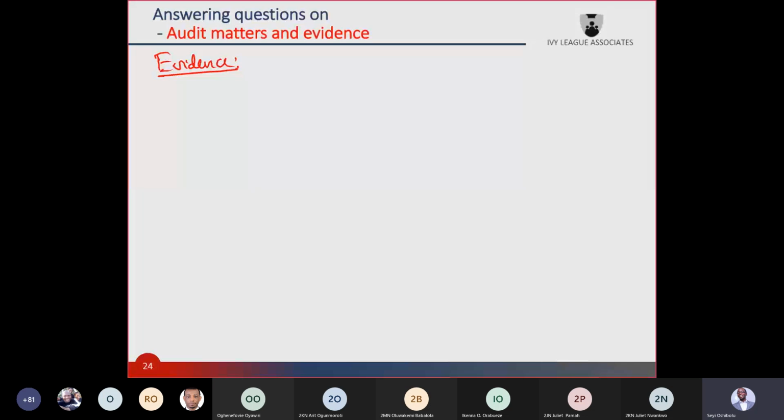Question practice helps. When I wrote this paper, this question, matters and evidence, in our time was always question 3. So I wrote it in 2006 or so, June 2006 or June 2007 or December 2006, can't remember.